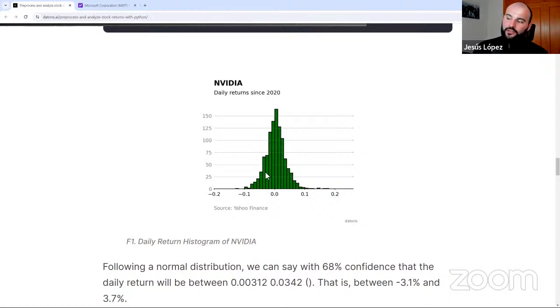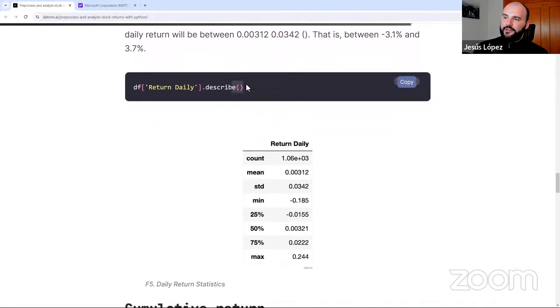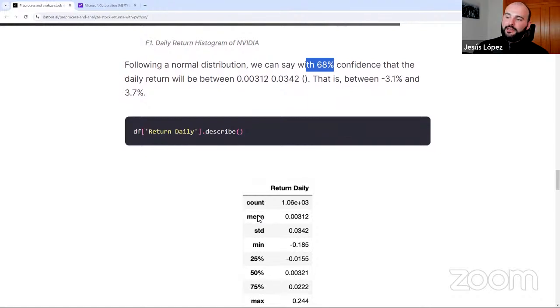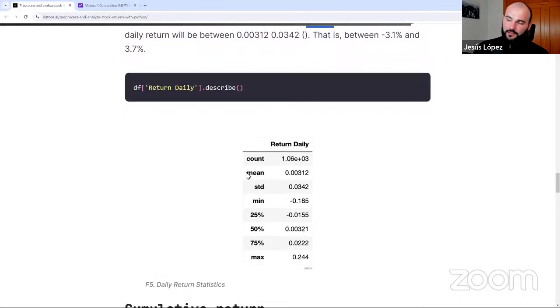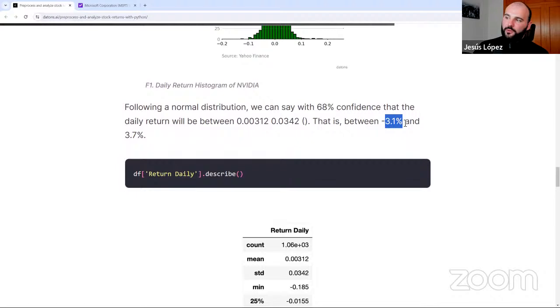One of the conclusions we can take from this visualization is that if we calculate with the function describe the standard deviation and the average, we can say that 68% of the returns are between the mean value minus one standard deviation and the mean plus one standard deviation, that is minus 3.1% and 3.7%.